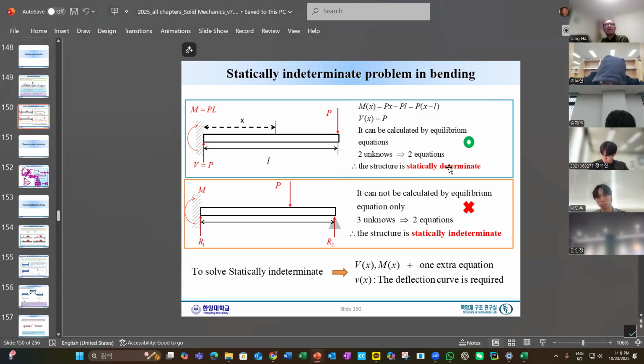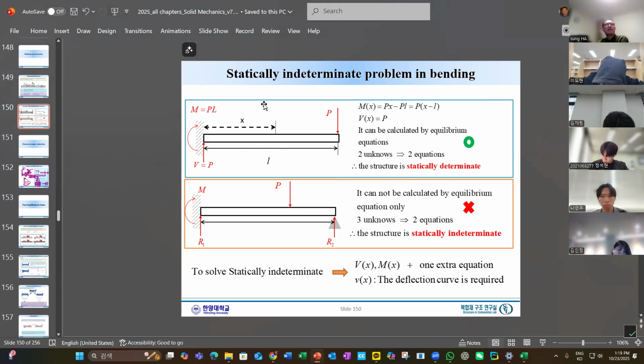So statically determinate, sometimes we call SD, statically indeterminate, SI, simply say that the problem can be solved with consideration only of statical equilibrium. So that's all you need to know.